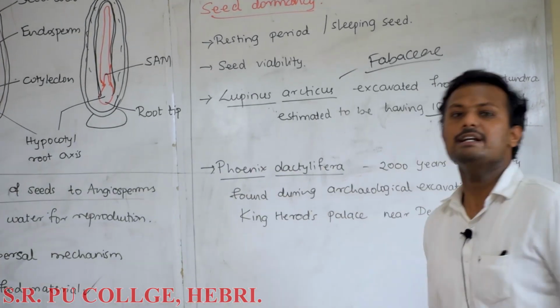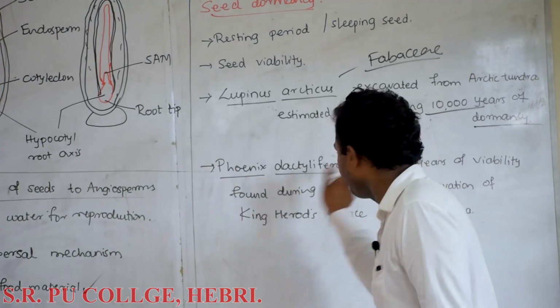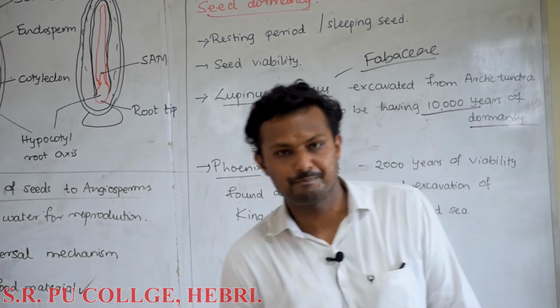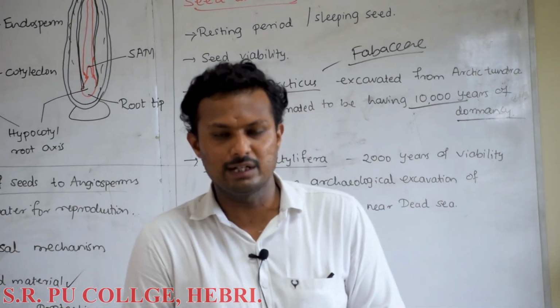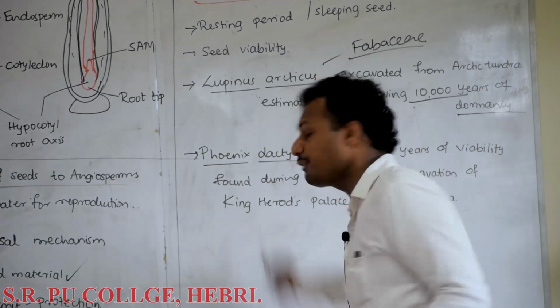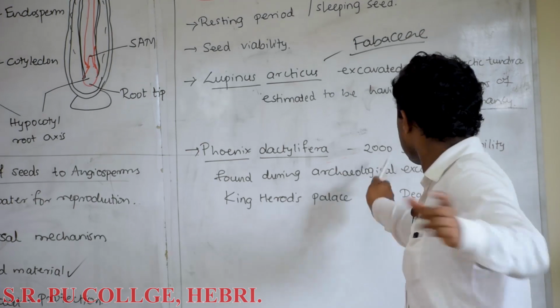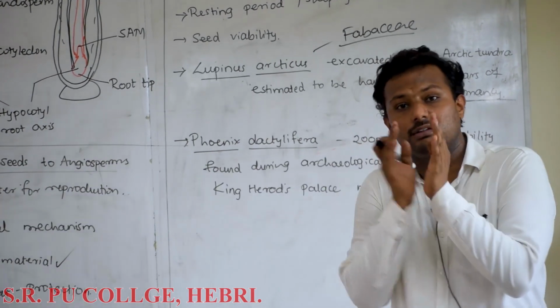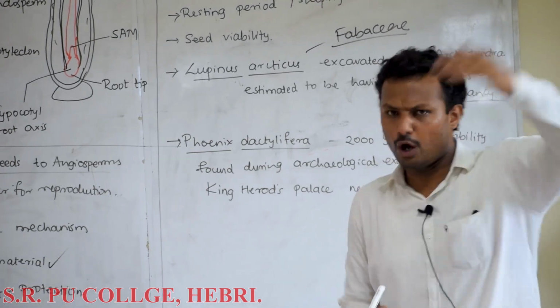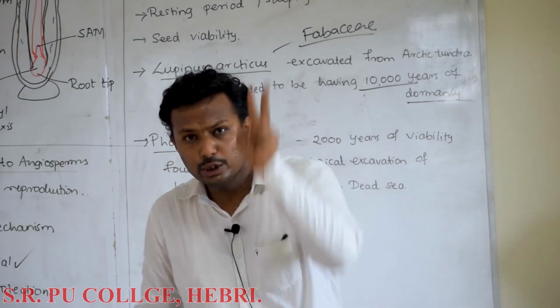One more recent example that we can see is that of Phoenix dactylifera. Phoenix dactylifera is nothing but Kharjura, what we call it in Kannada. The seed of Kharjura was found to be 2000 years old. That means the dormancy period of that seed was 2000 years.